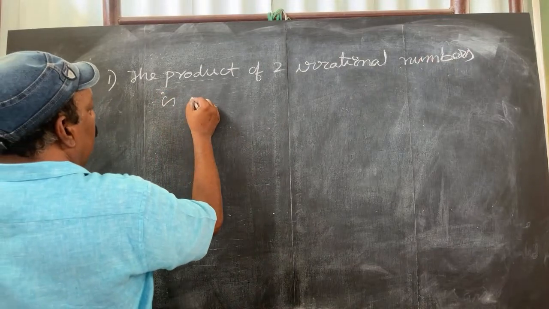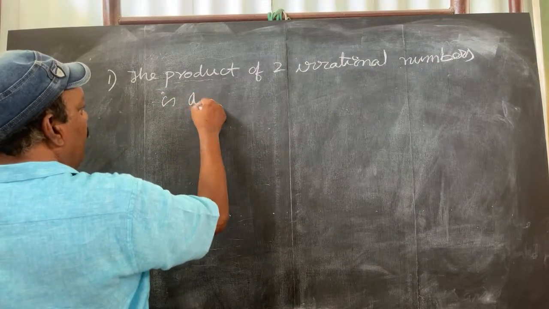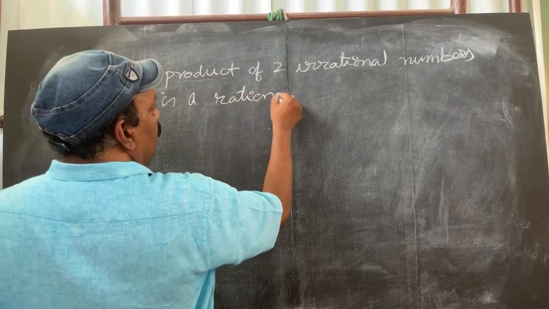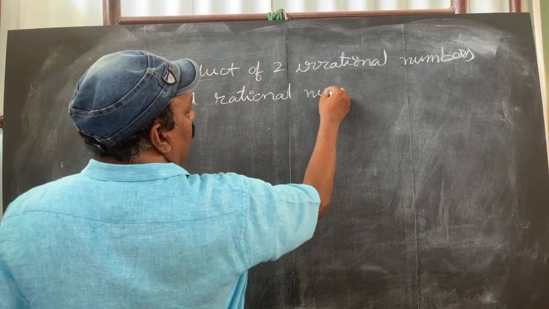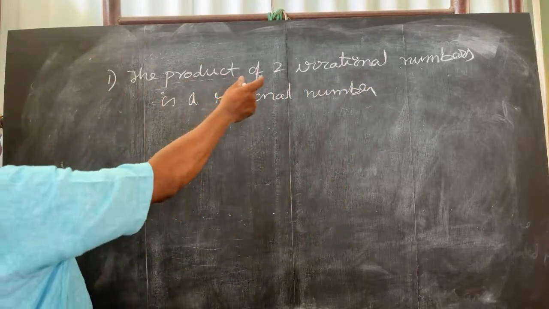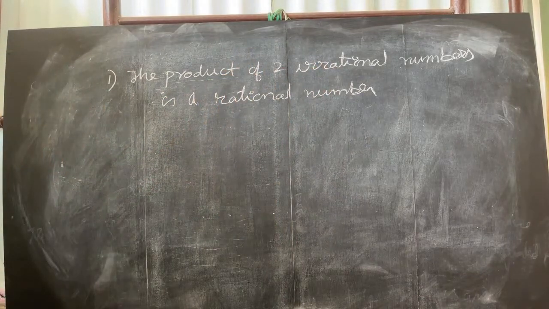The product of two irrational numbers is a rational number. This is a very interesting one. That means when you are multiplying two irrational numbers, you will get a rational number. That is concept one.